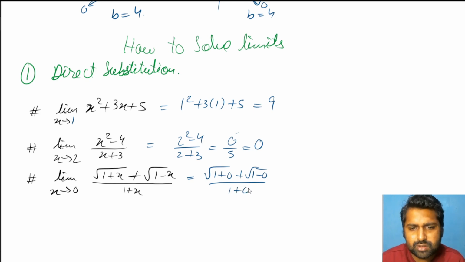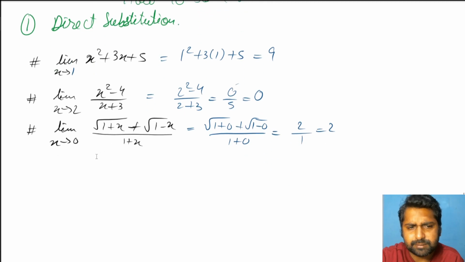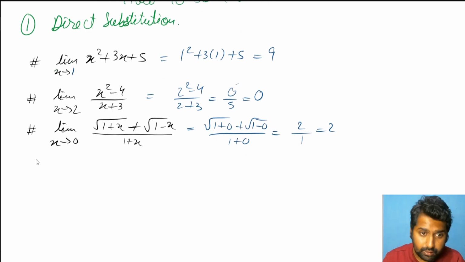The denominator is there, but 1 plus 0 is still not effectively 0. It is coming 1, so it's not a problem. Root 1 is 1, root 1 is 1, so 2. Okay, you got the value, effectively. All right, that's your direct substitution.